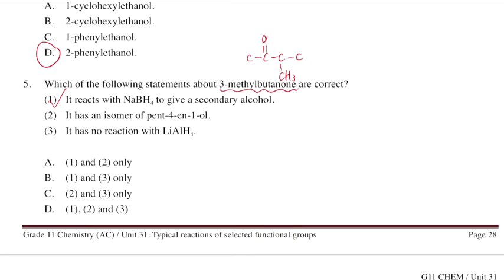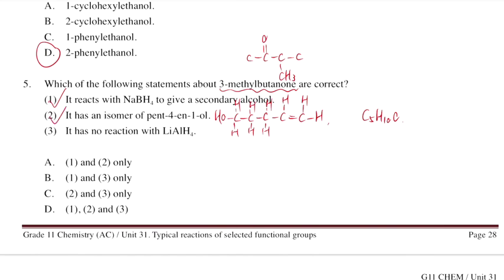If we draw the structure for pent-4-en-1-ol, it should look like this, and then OH group here. Make sure you write all the hydrogens out. Both of them have a molecular formula of C5H10O. So yes, it has an isomer of pent-4-en-1-ol.